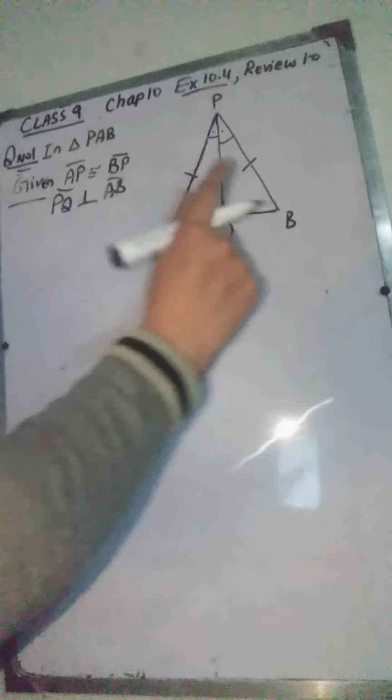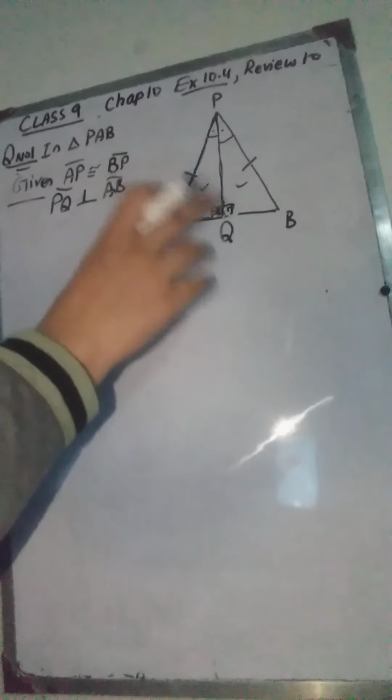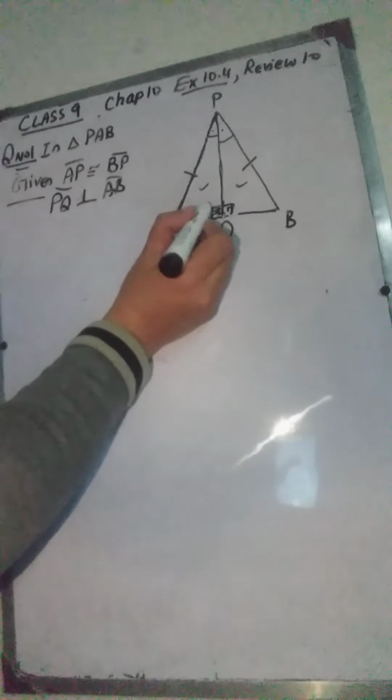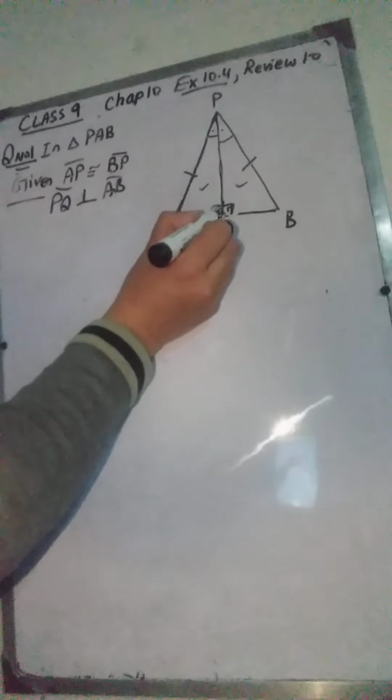These two things are given to us. Because PQ is perpendicular to AB, it means that APQ and BPQ are right triangles. So we can apply the HS postulate if we get two sides. The side opposite to 90 degrees is always called the hypotenuse.